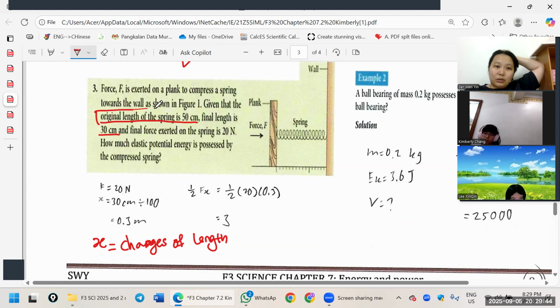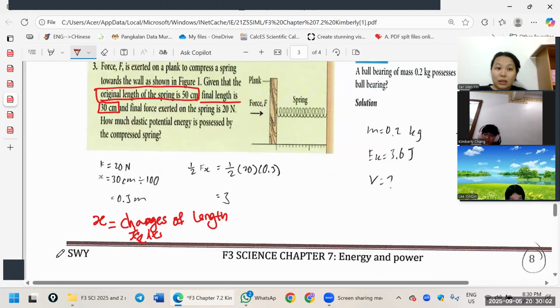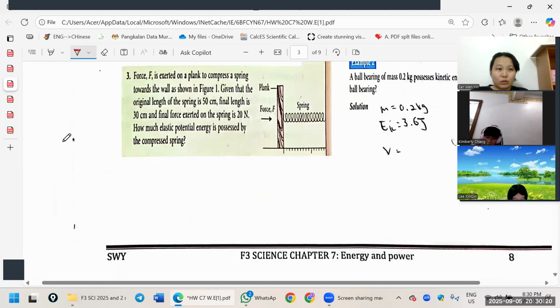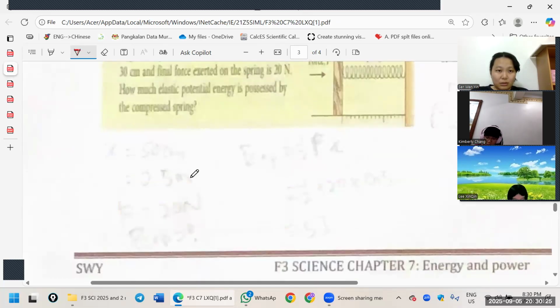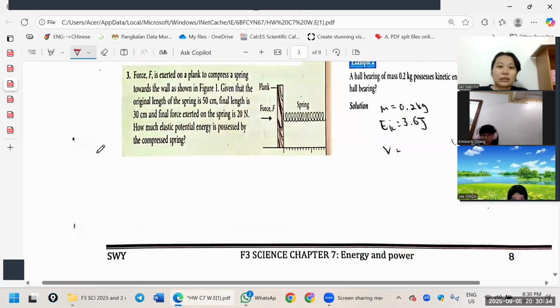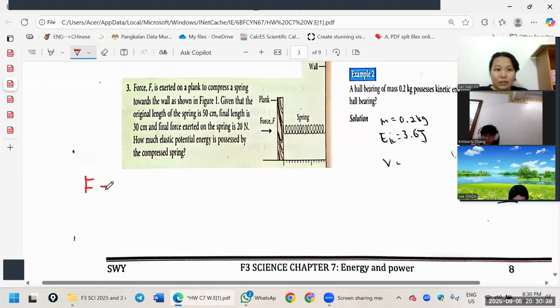So 你可以看到吗？Original 50，然后 final 30，请问它变了多少？它变了20 cm。So x changes，意思你要减掉。哦，这个是 x 等于0.5。Oh no，不对不对，这一题就是，first of all，f is 20 here. But x should be 50 minus 30, so 20 cm.